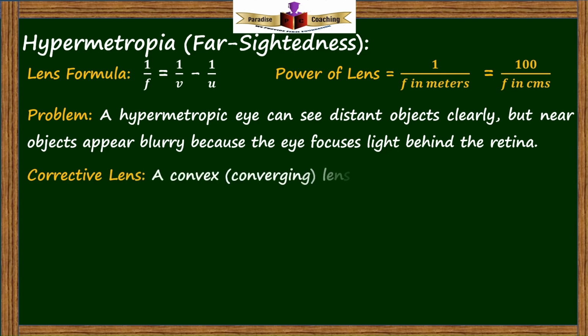Corrective lens: a convex, converging lens shifts the focus forward onto the retina.